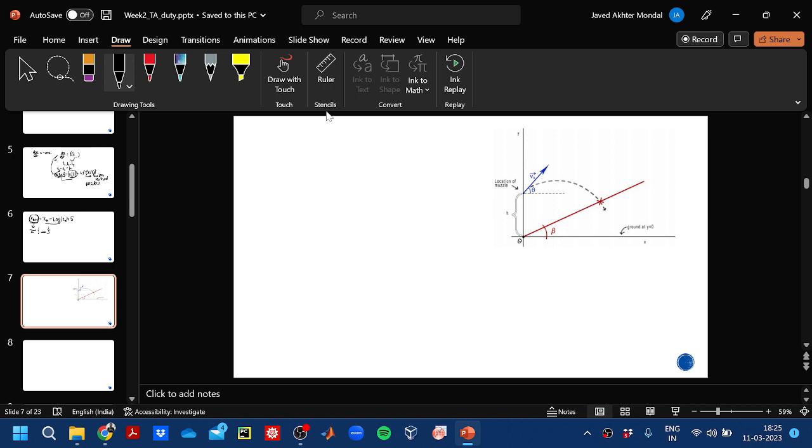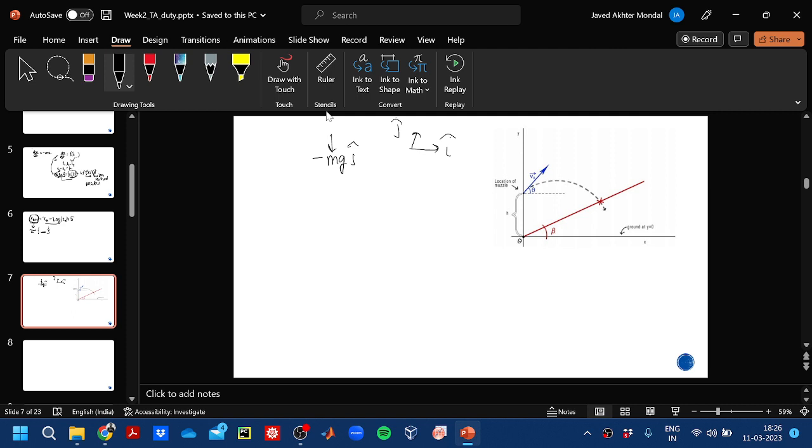Here only one force is acting, and if we neglect the air resistance, the force acting is the gravitational force, and that will be downward. So if our coordinate system is like this, so this is x and this is y, then the force acting is minus mg j cap.